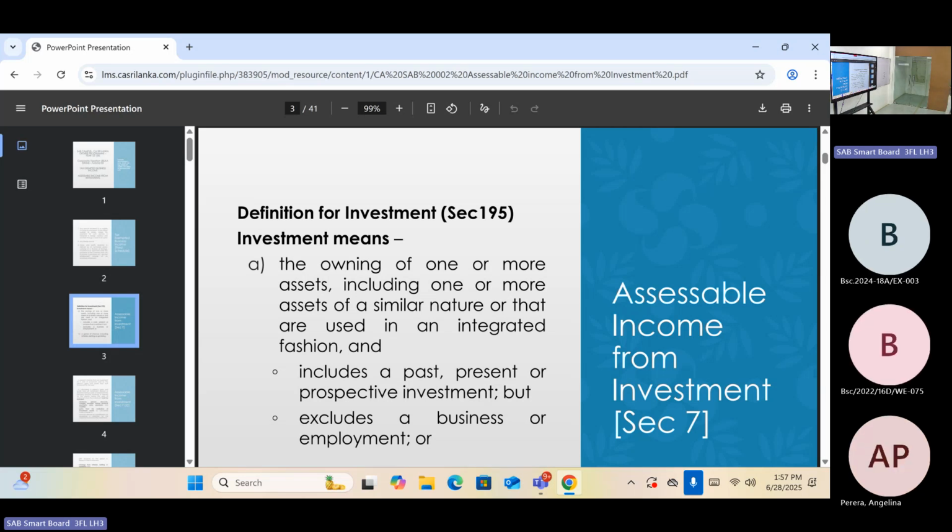In layman's language, I could say I am investing in a business. If I am a shareholder, I can purchase shares, or in a proprietorship I am investing in my business. But if it is coming under business income or employment income, it is not coming under investment. We need to separate the income.